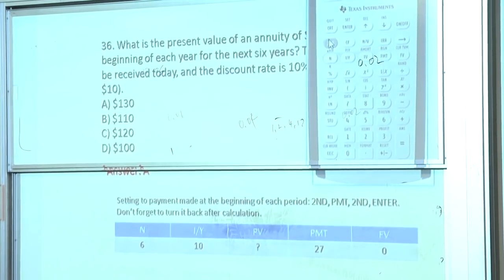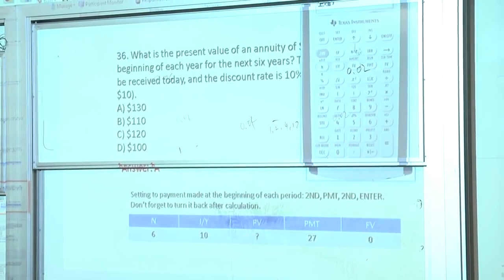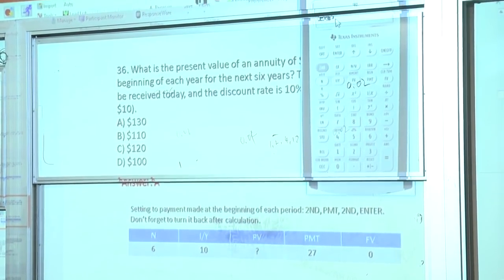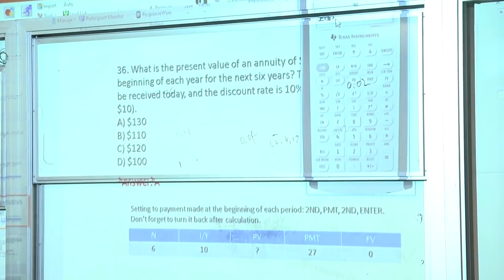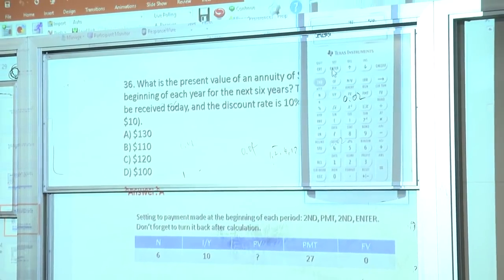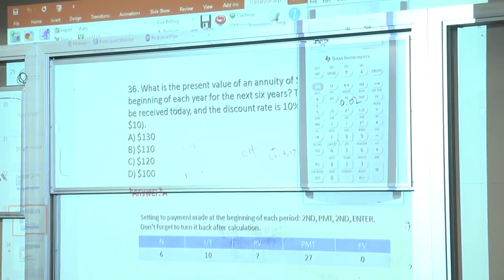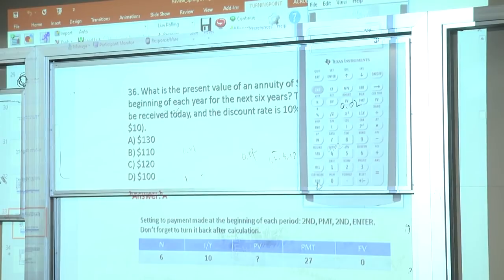Second, PMT. End means cash flow happens at the end of each period. Second, set. Now it turns to beginning. See the BGN, now PMT happens at the beginning of the period, not the end. Then we can do the calculation.